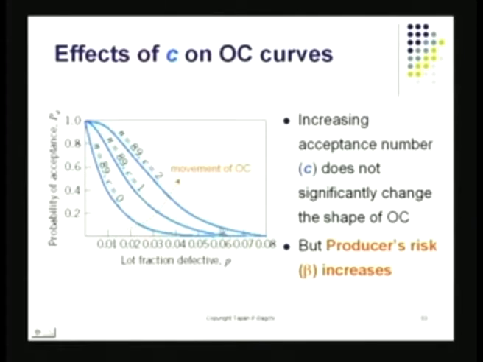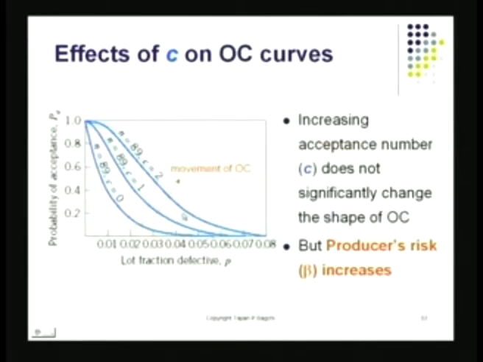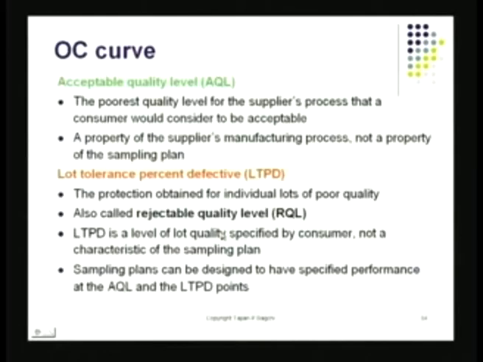On the other hand, the consumer's risk was low here, and it got to a point which is like more than zero, definitely. So in fact, what we have to do is we have to find a compromise between sample size and this control number C in such a way that I'm able to provide a protection to the supplier or the producer and the consumer, who is the user of these items which are arriving by lots. Let's see how we do that.